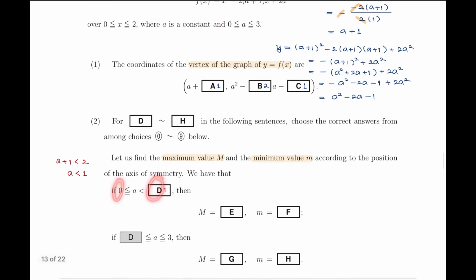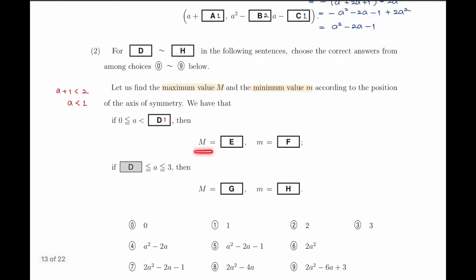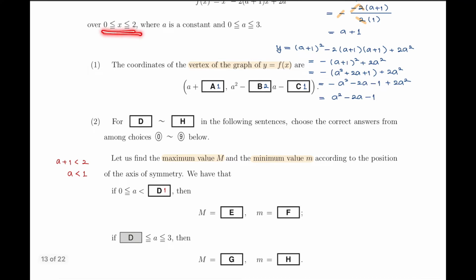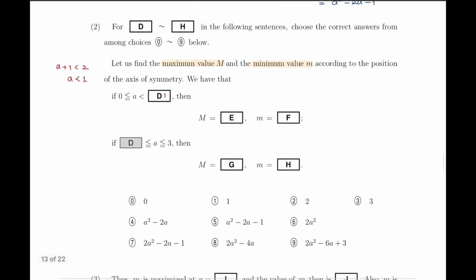So from 0 until 1, then the maximum value is blah blah blah and the minimum value is blah blah blah. Now consider we have a quadratic function with a vertex inside this range. I will sketch it so that it is more clear to see what I mean.